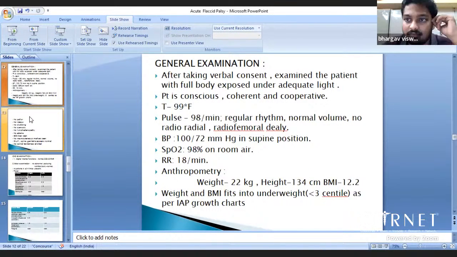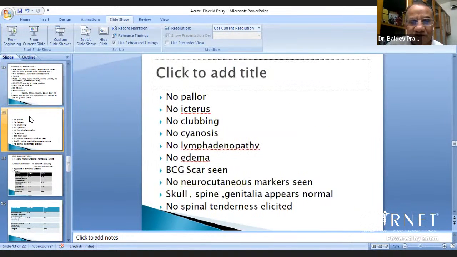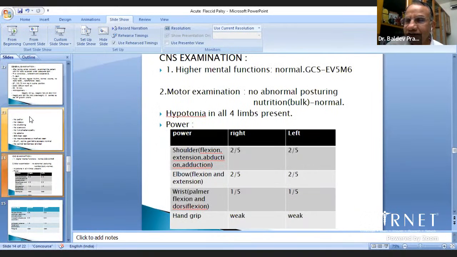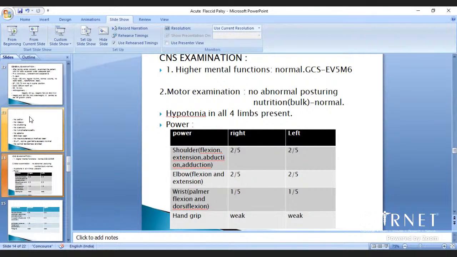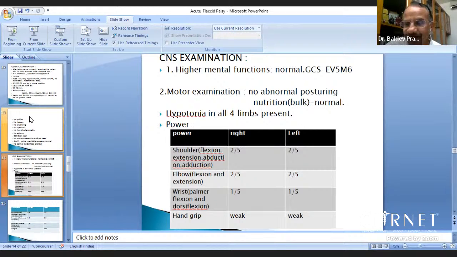No, not much. In the CNS, I request Dr. Nitish and Dr. Kalpana to focus on the CNS examination findings, so that we can have the exact interpretation. Yes, madam, you can take it, please.